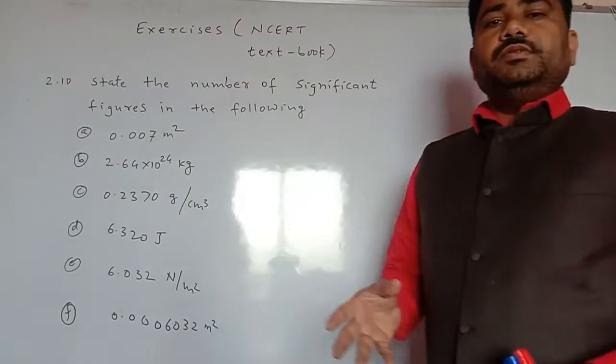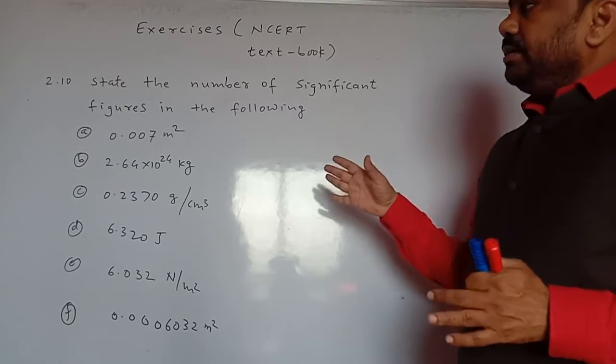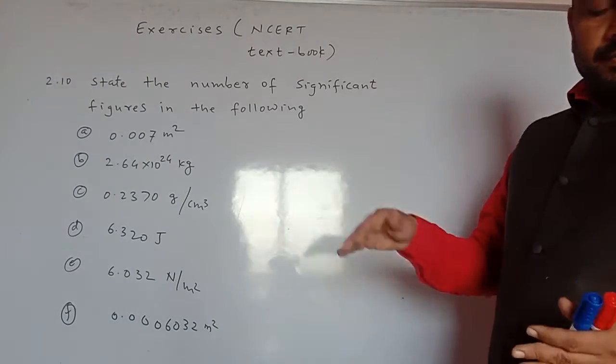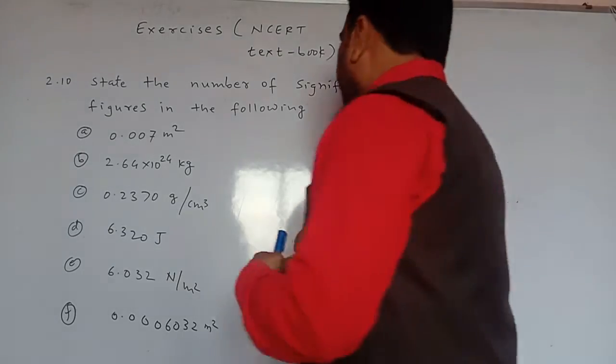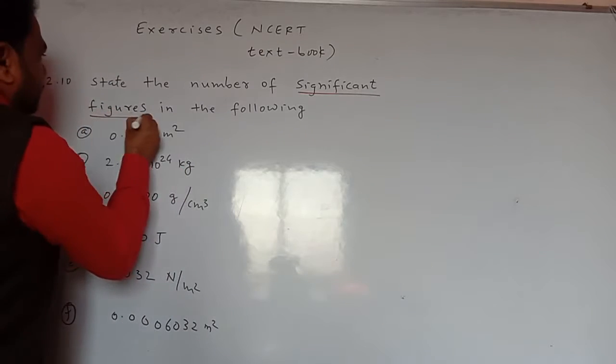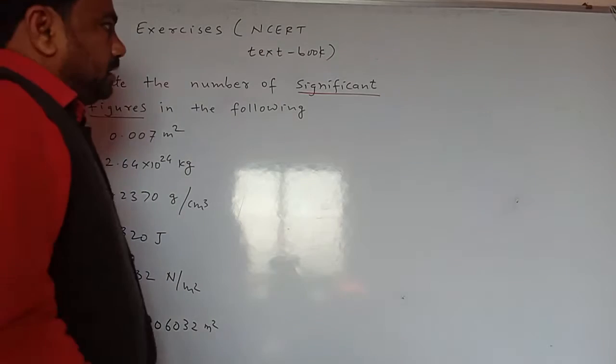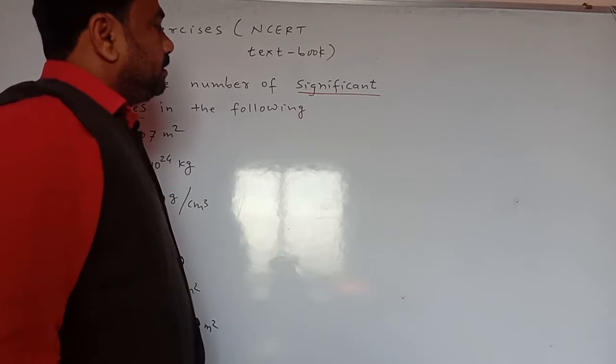So using the 5 rules we have to determine the significant figures from the given numbers. Okay, so let us solve the questions one by one.